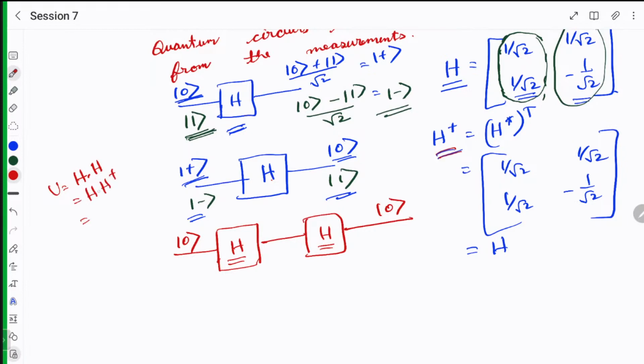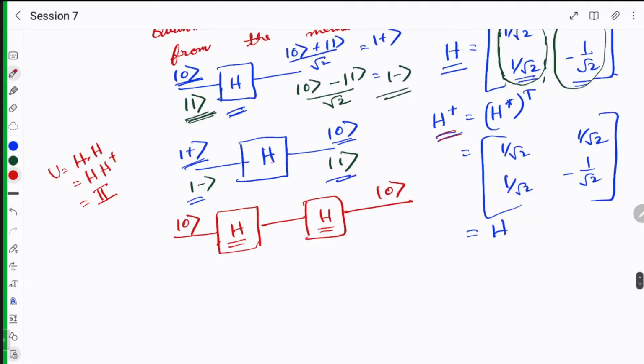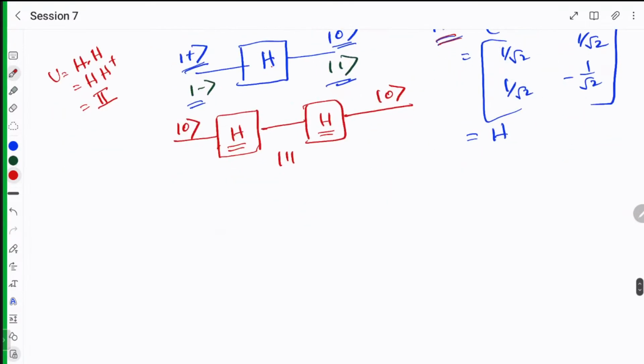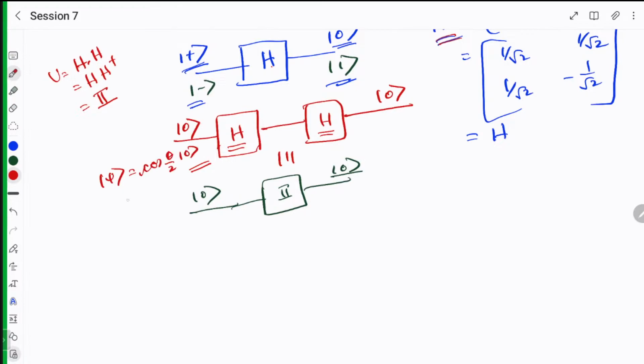And since H is Hermitian, it is identity. So this is exactly equal to putting identity operator here, or in other words, doing nothing. So if you put ket psi here, which is some general state, the general psi, remember, is something like cos theta by 2 ket 0 plus e to the power i phi sin theta by 2 ket 1. If I input this state, then at the output, I will again get the same state. Okay. So if I apply 2 Hadamards consecutively.